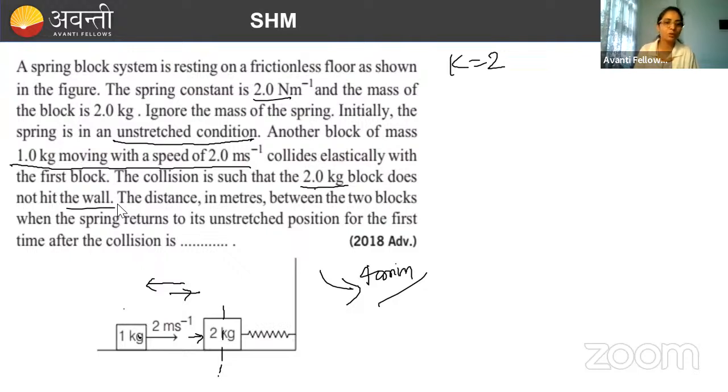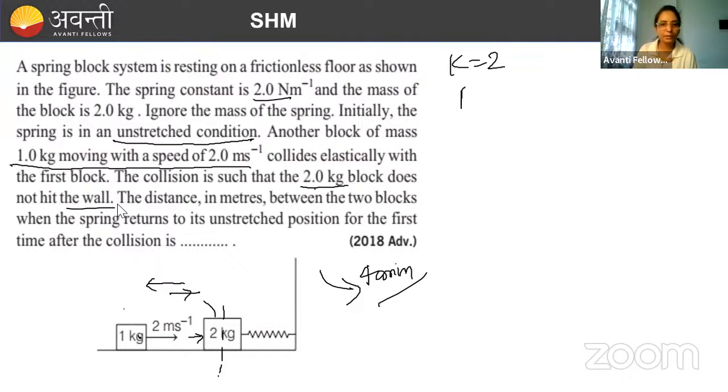At the collision, what is happening? If we are considering 1 kg and 2 kg blocks as a system, then during collision momentum will remain conserved. Done, क्योंकि before collision 2 kg is at rest. During collision, what is happening? Force is only acting between 1 kg and 2 kg, so this force is becoming internal, right? So if we are considering 1 kg and 2 kg as a system, momentum will remain conserved.